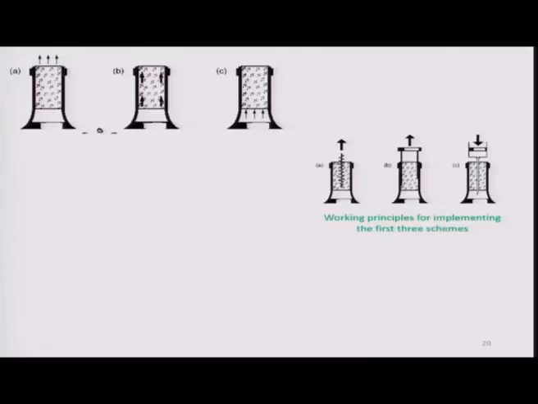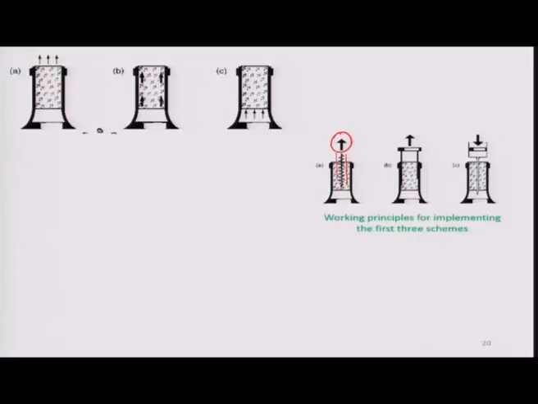Working principle. Suppose you want to open it by pulling the cork, so what can you do? You will put a screw here, and it will go up to the cork's bottom portion, and then you will pull it, so that the cork will get removed.